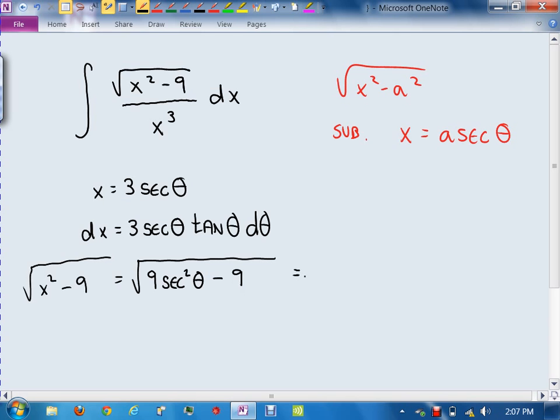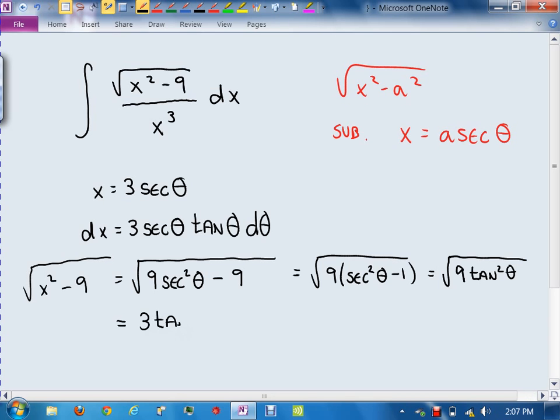What can you factor out there? 9, so you get the square root of 9 times secant squared theta minus 1. What is secant squared theta minus 1? Tangent squared theta. And what's the square root of 9 tangent squared theta? 3 tangent theta. So all that equals 3 tangent theta.